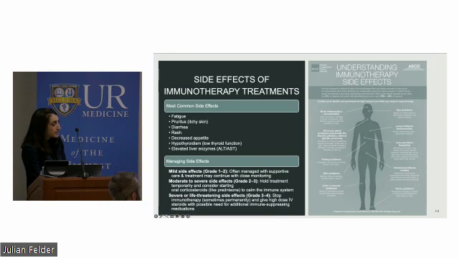pancreas, leading to diabetes. They can affect your kidney and liver and lead to elevated liver enzymes or worsening of the kidney function. More often than not, they're very mild, and we can manage those with supportive medications, whether that's a topical steroid cream or an antihistamine to help with that itching. But sometimes they can be a little bit more severe, where we have to hold the treatment and make sure that you're getting better before we resume.